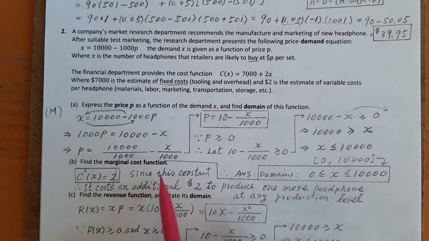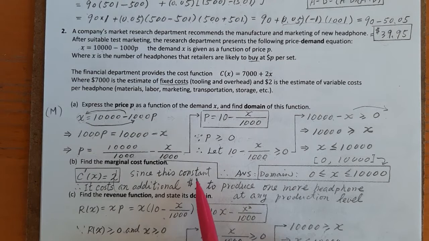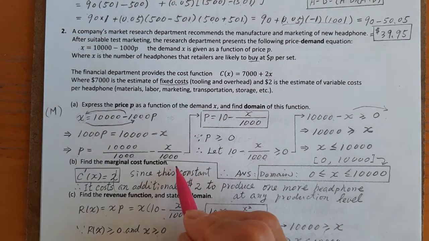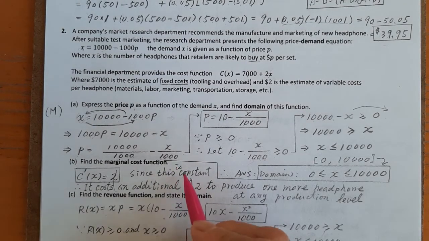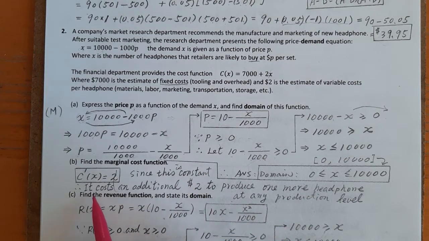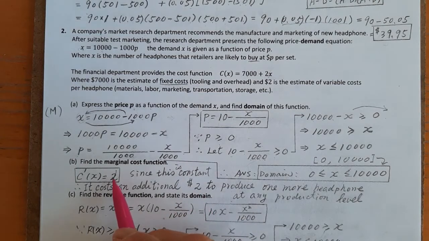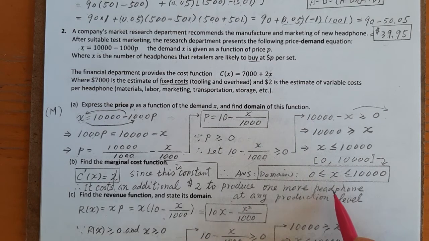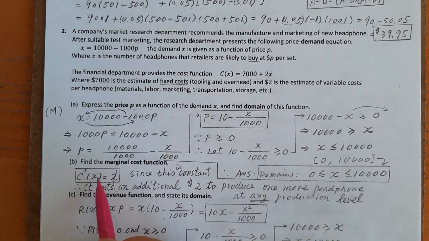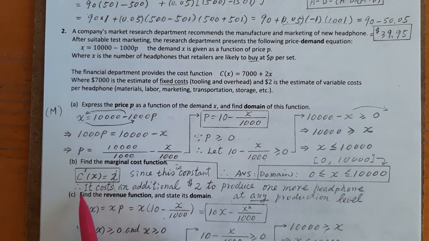This means, since this is constant, it costs an additional $2 to produce one more headphone at any production level, because it is always constant. If x is 1,000, the rate is still 2.